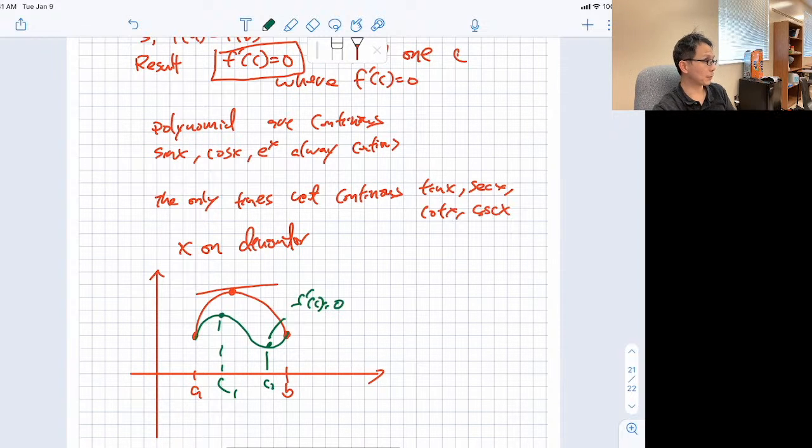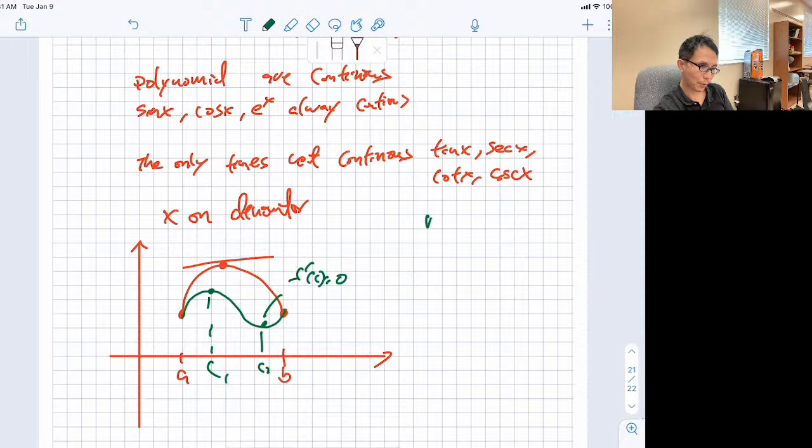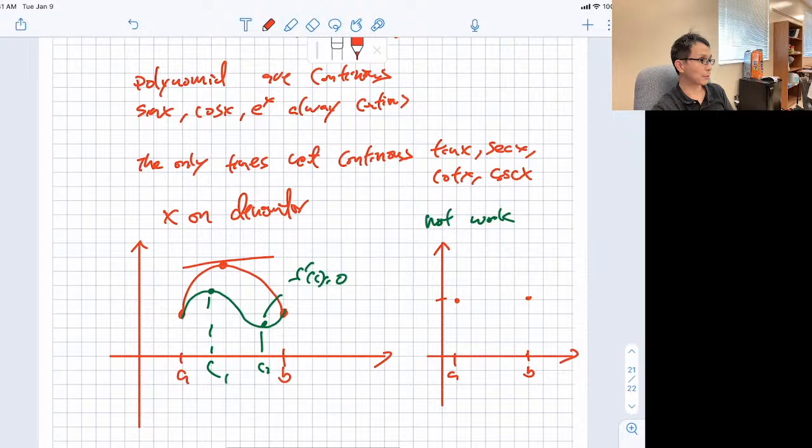But why do they have to be differentiable? What if they're not differentiable? What will happen? So this is not working. If I draw something like this, even though I have every other condition, I don't have differentiability. That's A, that's B. What kind of situation can I have that's not differentiable and Rolle's theorem doesn't work? A sharp turn. The easiest sharp turn I can think of is absolute value.